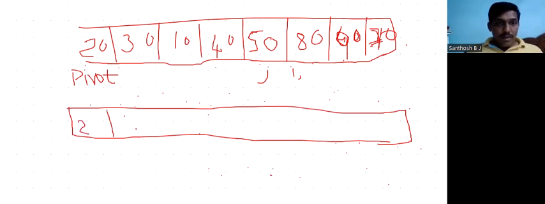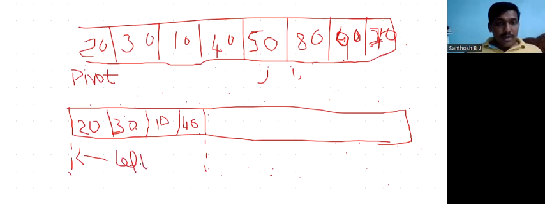Twenty, 30, 10, 40. You consider this table up to here as the left part of the array.